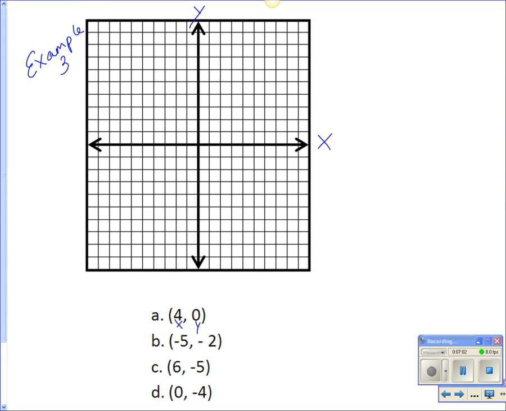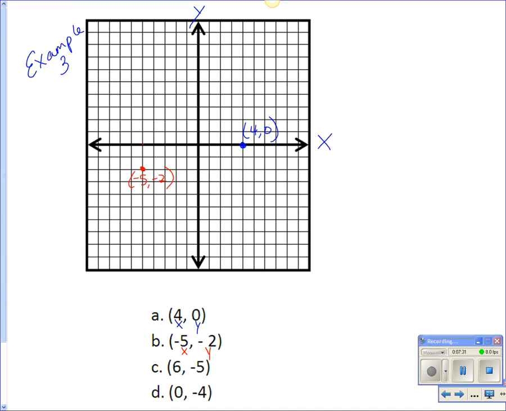So you're going to go over 4 and put it on the X. So that's 4, 0. The next one, -5, -2. Start at the middle. You're going to go left 5 since it's negative and down 2 since it's negative. -5, -2.